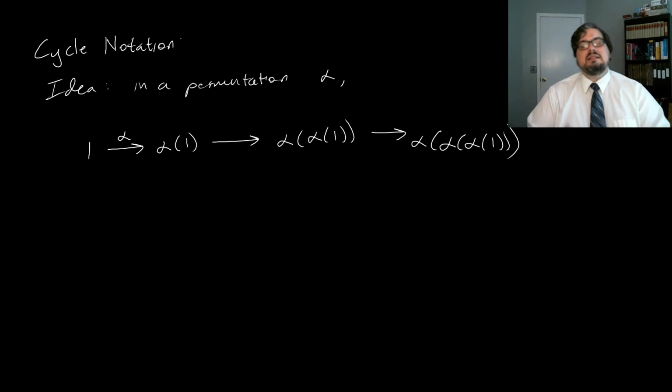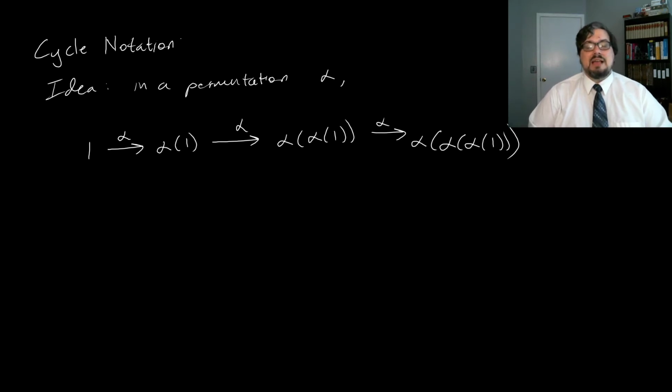And so we can basically ask what happens when I apply alpha over and over and over again to some number in my original set. Now, if we're starting with a finite set, then this sequence of numbers has to eventually repeat. And it turns out that when that happens, it will have to eventually come back around to 1.